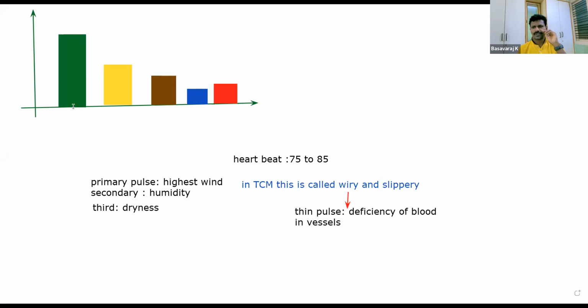You don't need to treat. But yesterday we took the same pulse in a 30 year old guy. If you get this wind energy in aged people, that indicates they have a deficiency of blood or deficiency of essence.